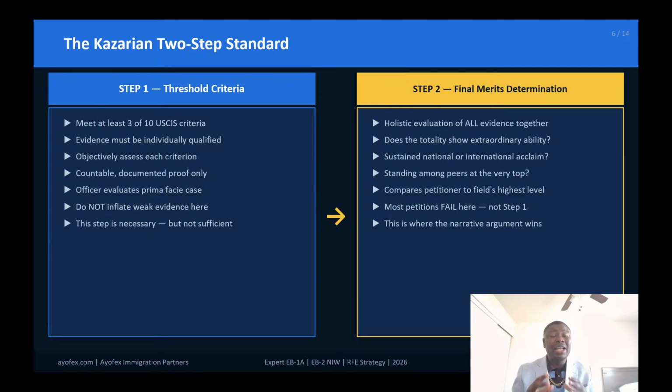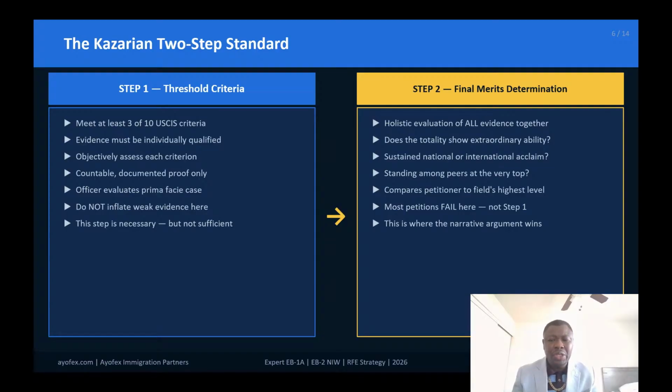So my advice to you is, do not inflate weak evidence here, because USCIS officers can smell fraud from afar. If you misrepresent the evidence or you engage in fraud, you are actually destroying your immigration future in the US.